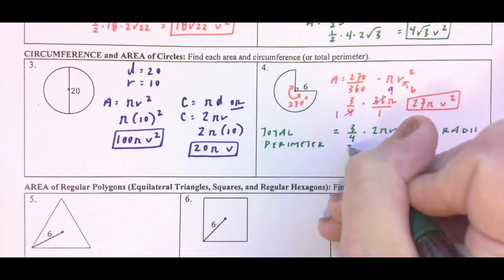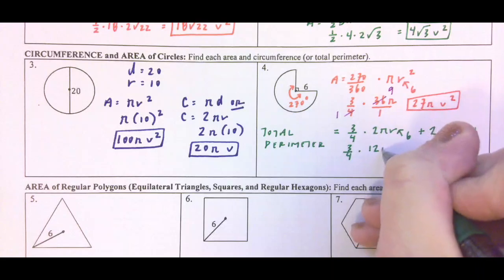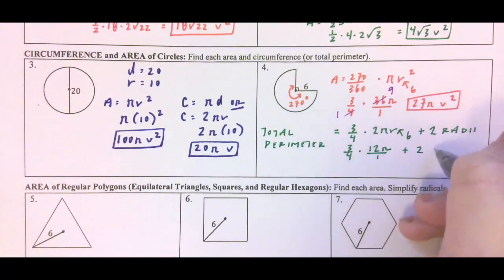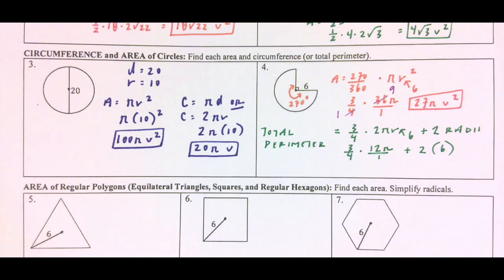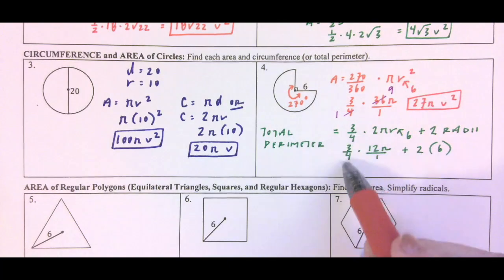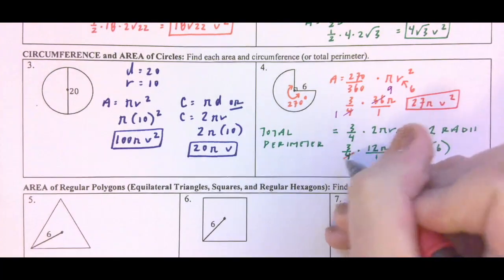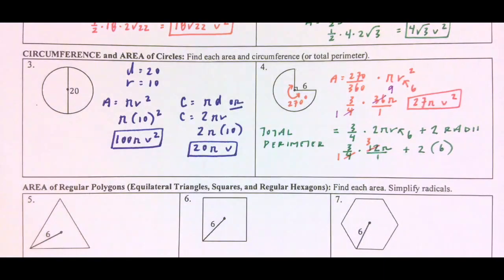So I'm going to need 3/4 of 12 pi, right? 3/4 of the circumference, plus 2 radii. Each radius is 6. So again, if I'm going to reduce top down or on my diagonals, 4 goes into itself once and into 12 3 times.